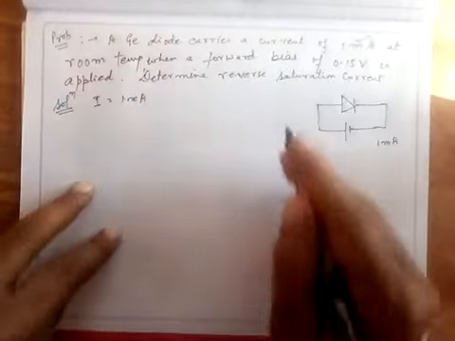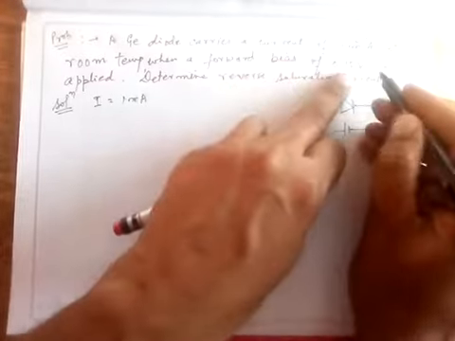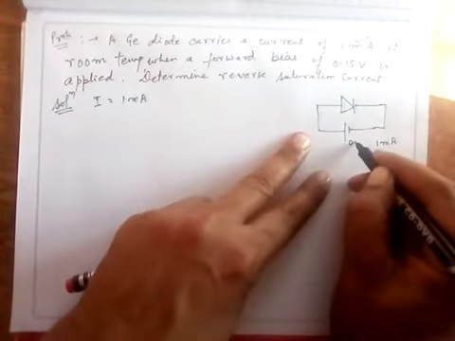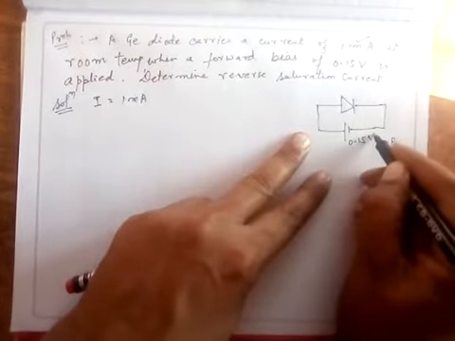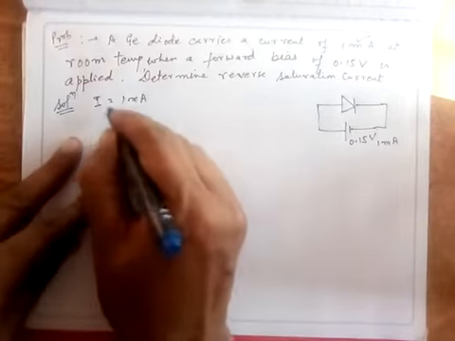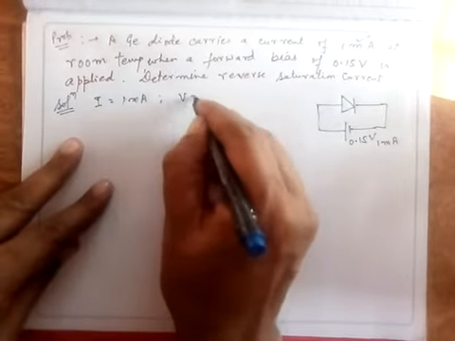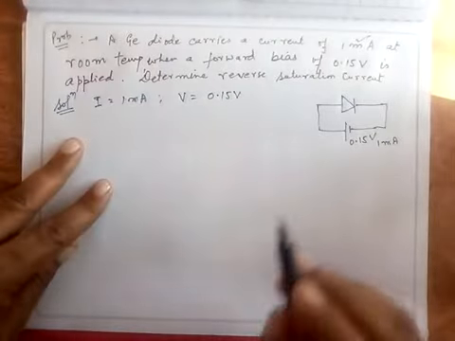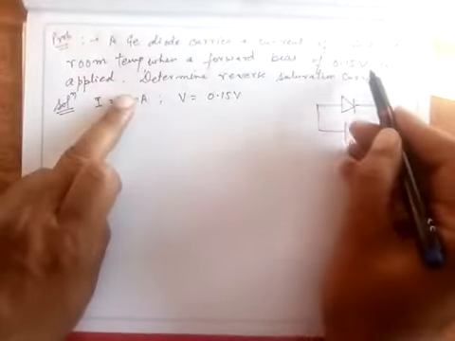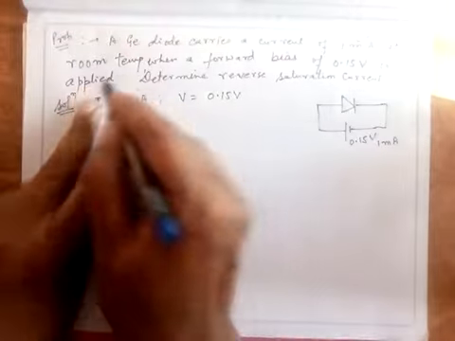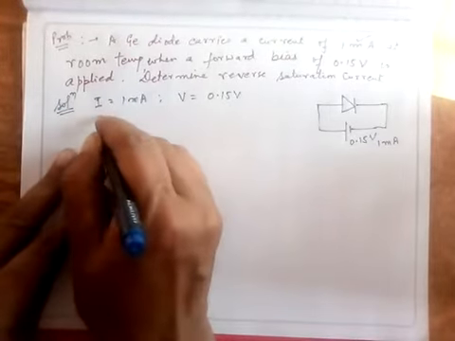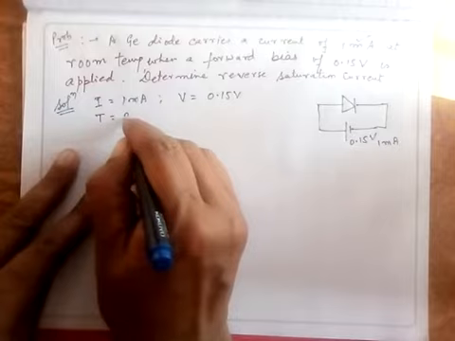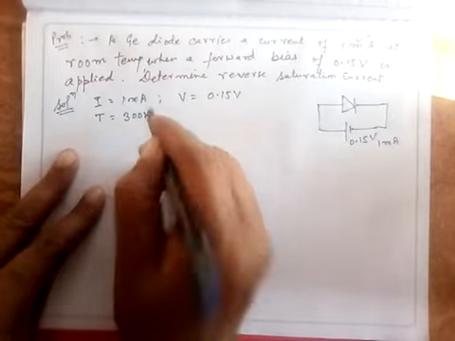A forward bias of 0.15 volt is applied here, so the applied voltage V is given to you, 0.15 volt. And it says that it is at room temperature. Room temperature means T is 300 Kelvin or 27 degrees centigrade.